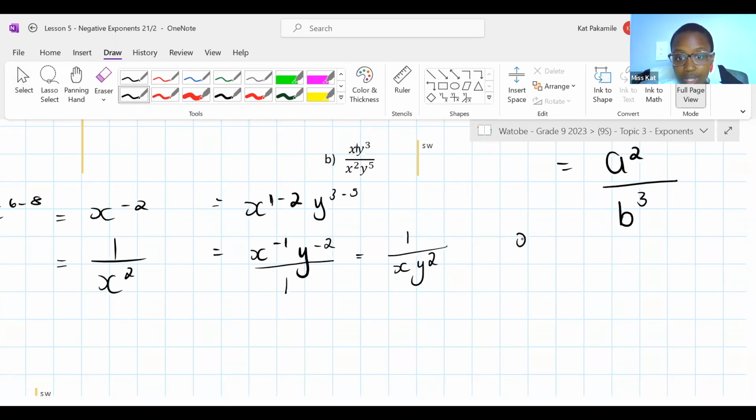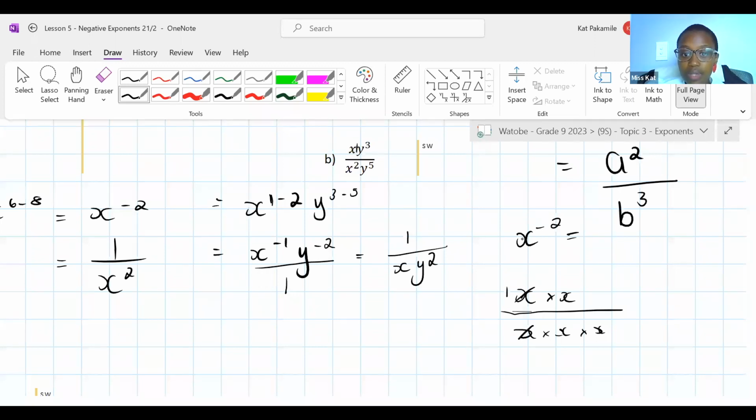For instance, if you have x to the negative 2, let's go back to our example where I had x times x over x times x times x. Okay, x goes into itself how many times? Once. And the same at the bottom. We've dealt with the first ones, and then again, top, bottom, we've dealt with the second one.